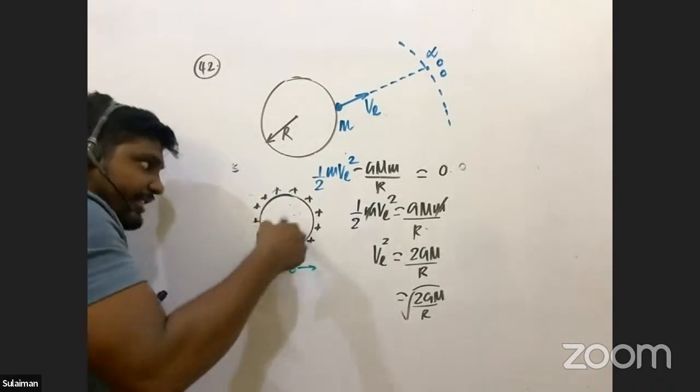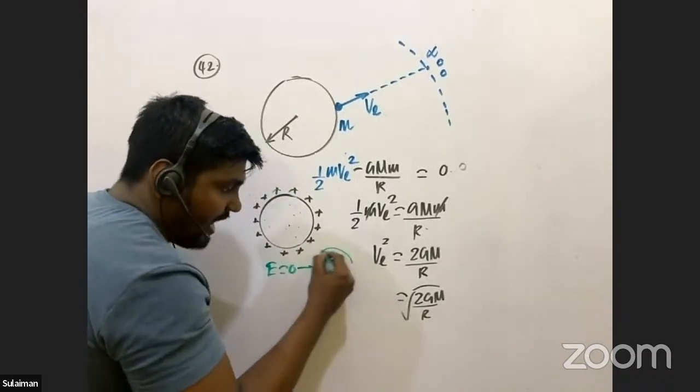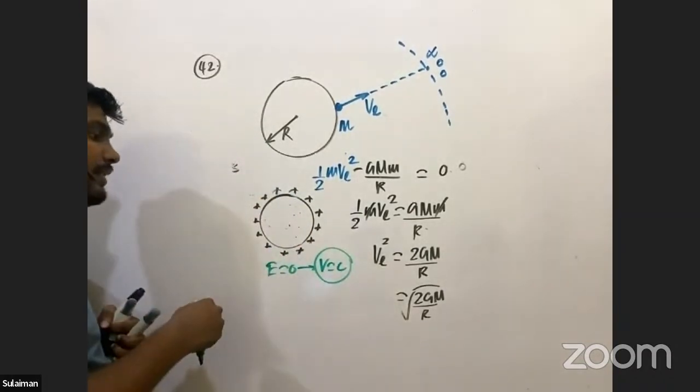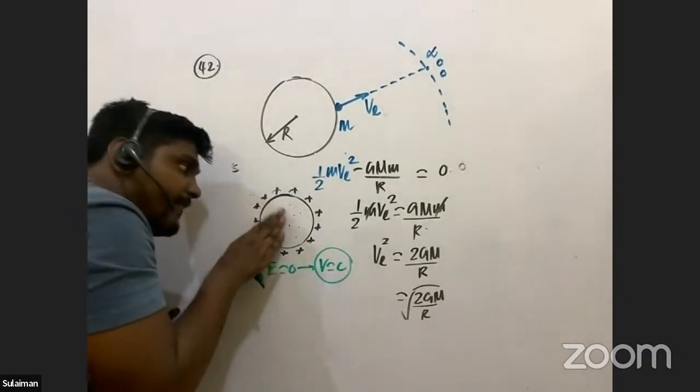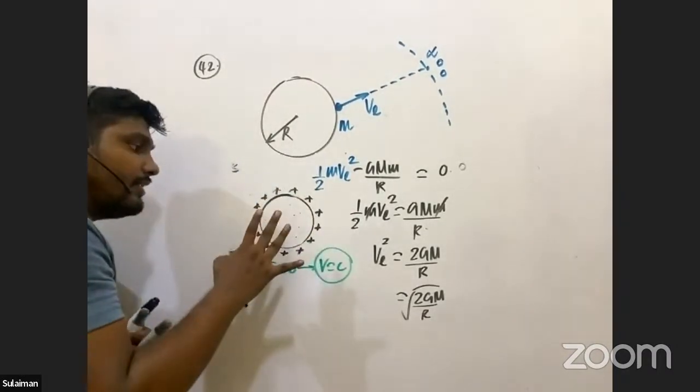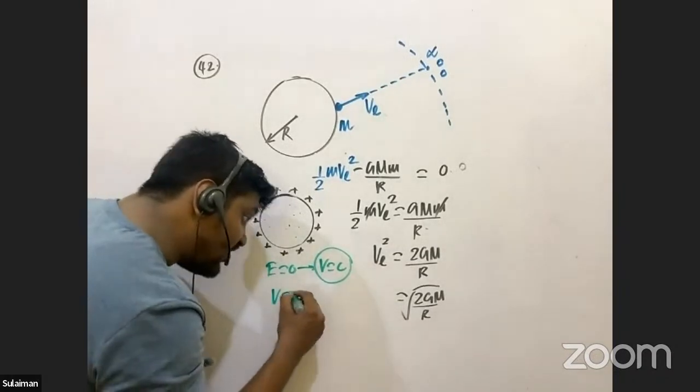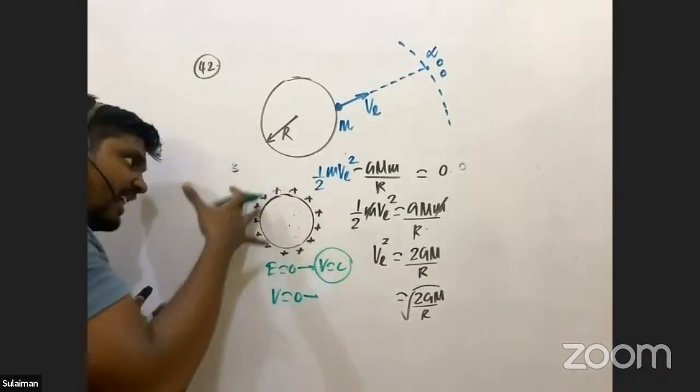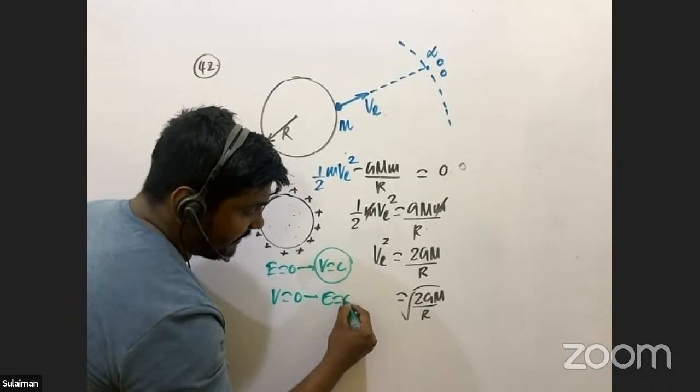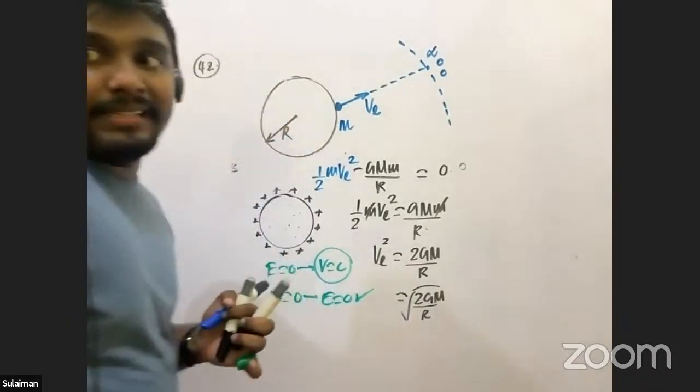Throughout the region, electric potential is what? Constant. There is a value for electric potential actually, but it's the opposite case. If in a particular region your electric potential is zero, then throughout that region, electric field intensity must be zero. Therefore, the right answer is fourth one.